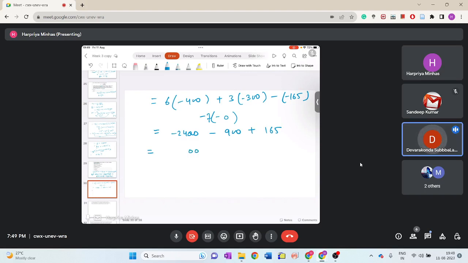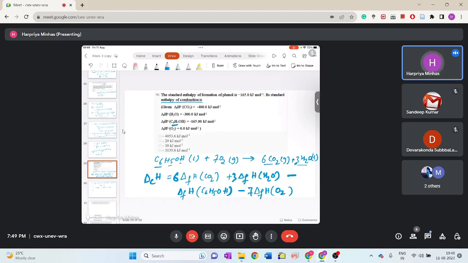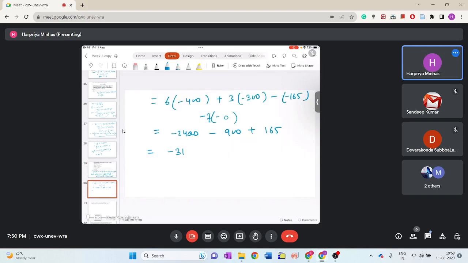Okay, madam, it's 3135 only. Yeah, 3135, right? Yes, it is right, madam. Okay, after solving this you will get your option, minus 3135 kilojoule per mole, right? Kilojoule per mole.